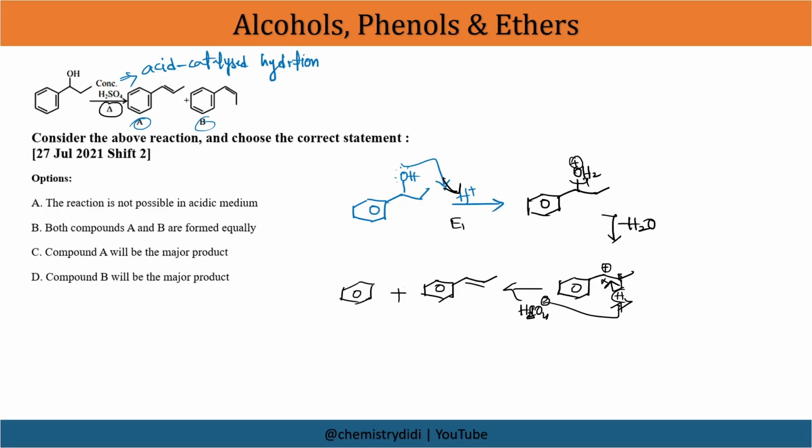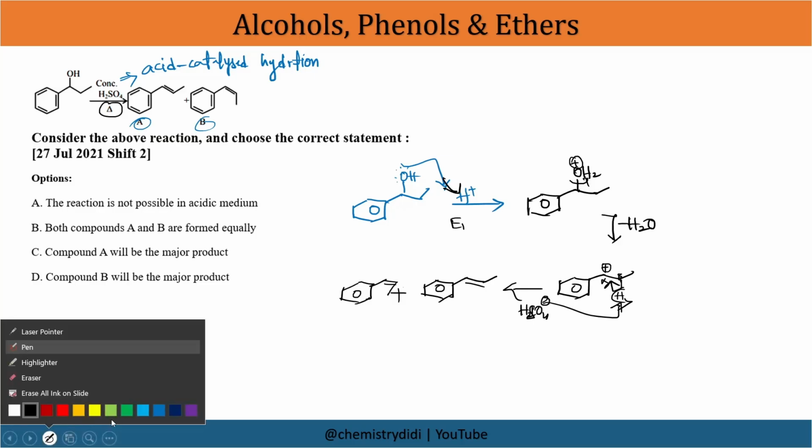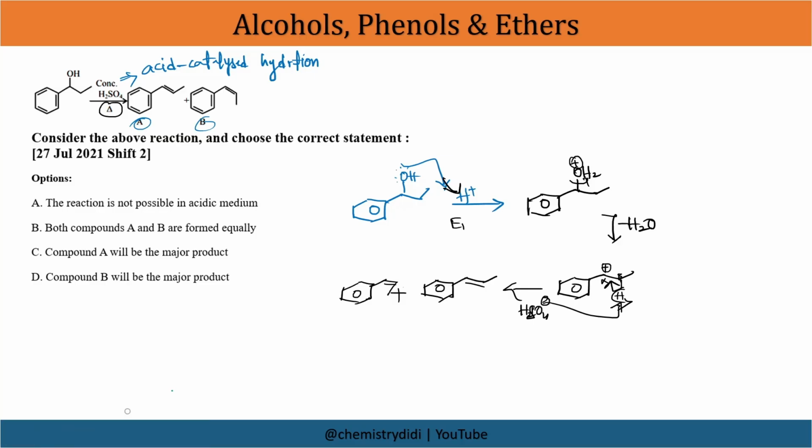I have drawn it like this, but there is also one more possibility, which is this. You can see it is showing two geometrical isomers, right? This is trans and this is cis. Why? Because these groups are on opposite sides, and here the groups are on the same side.